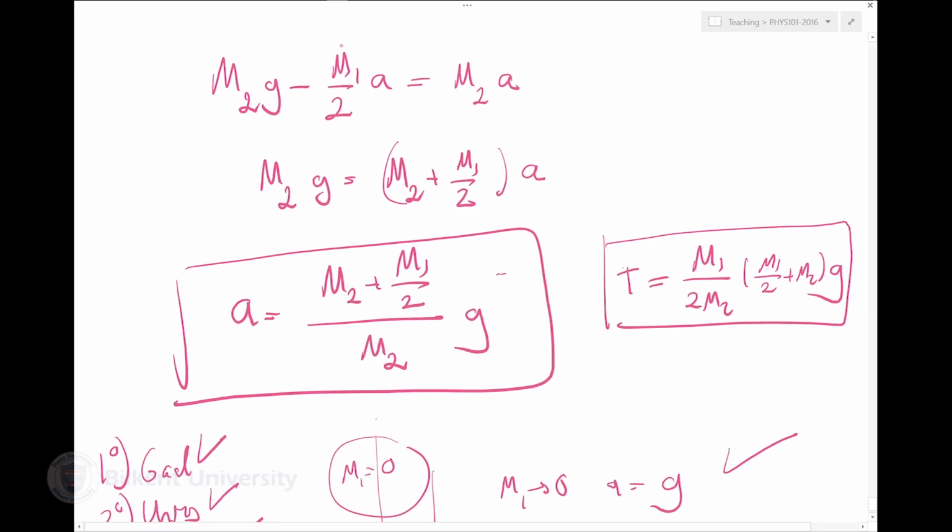Let's see. I'm taking this guy to the right. So M2 over M1 plus 2 times A. That's nothing wrong here. So it should be exactly the reverse. Thank you. See? M2 over M2 plus M1 over 2. That actually looks much better.